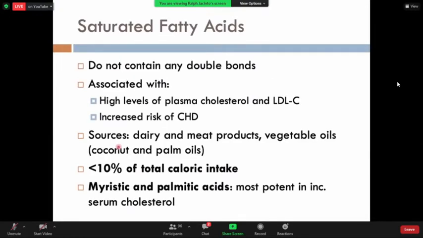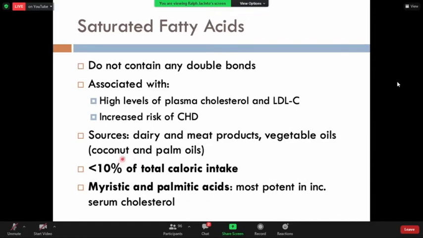So when we say saturated fatty acids, again, these do not contain any double bonds, so single bonds only. And this is associated with high levels of plasma cholesterol and LDL. So thereby, it increases the risk of coronary heart disease. So these are the most common sources of our saturated fatty acids.